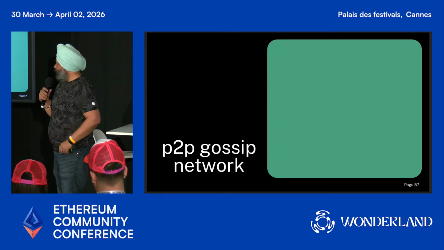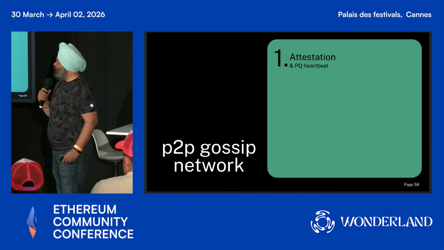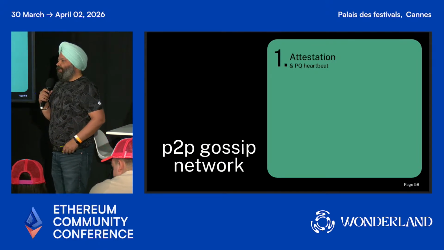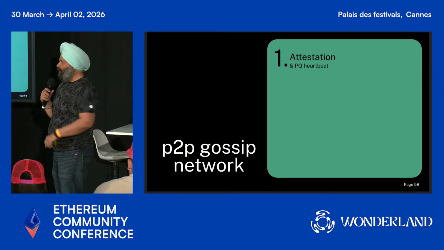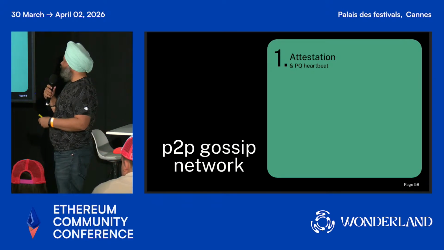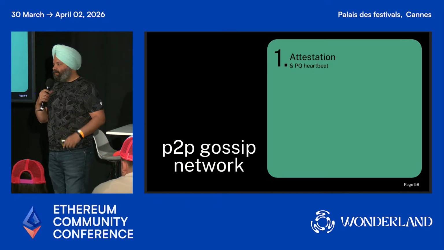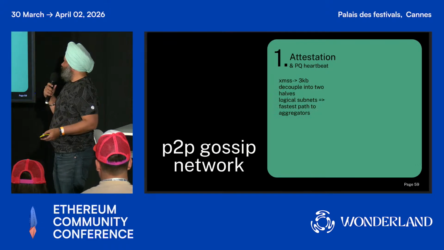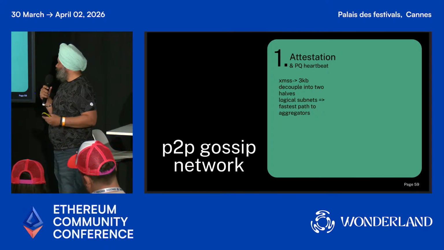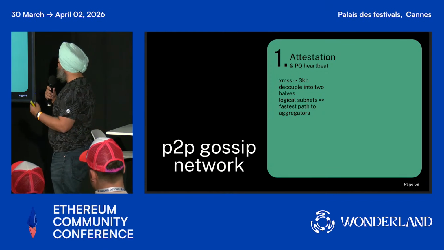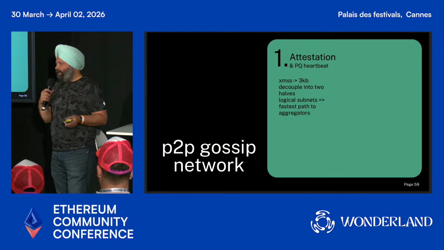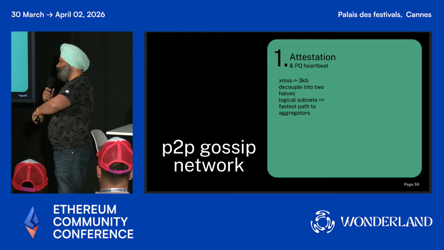Coming to P2P gossip, let's look at the objects that are there in the lean consensus network. There is attestation and PQ heartbeat. Basically, the objects are similarly sized. It's an XMSS signature, which is 3 kilobytes, but we can decouple it into two halves. You saw the tree.